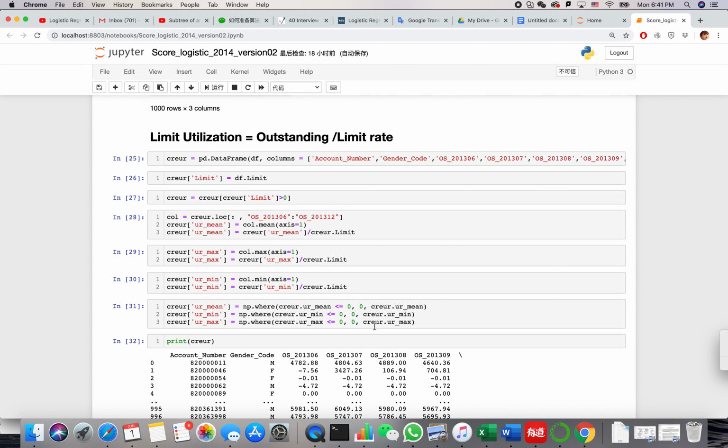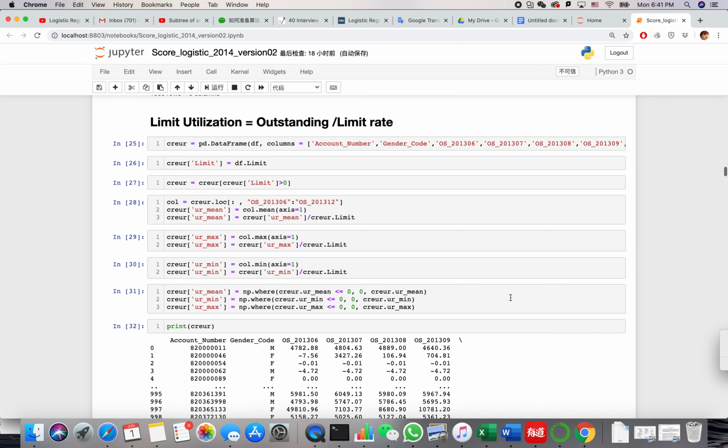Now we calculate the limit utilization. This is equal to outstanding divided by limit, and we get the rate. Because we organized the limit numbers to be all greater than 0, now we need to replace the numbers less than or equal to 0 with 0.